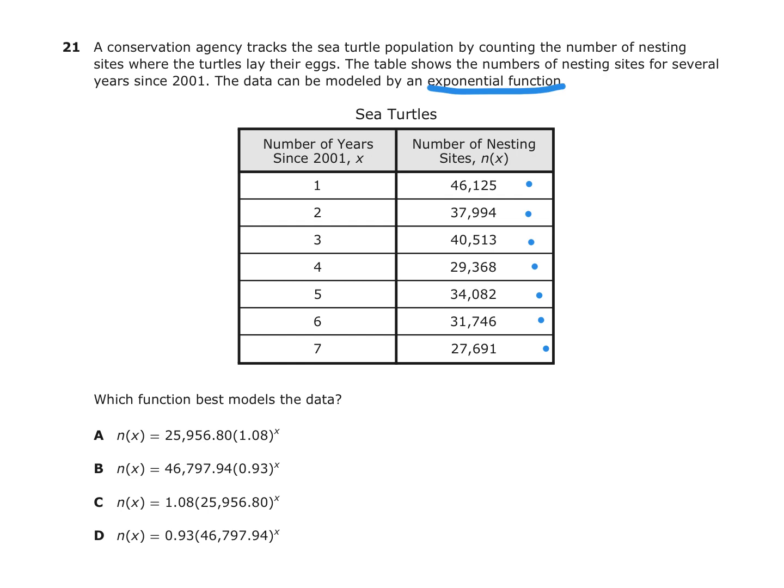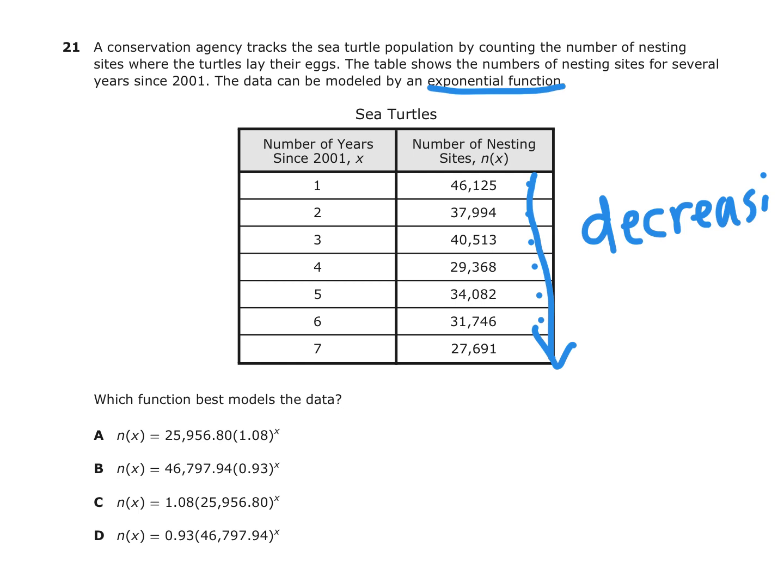So is the number of nesting sites increasing or decreasing? Well, it's not consistent because it goes up a couple of years and goes down, but overall, this is decreasing. And so that would be our first clue.